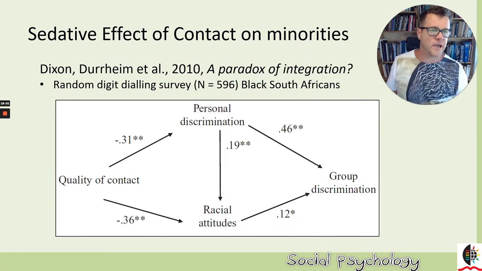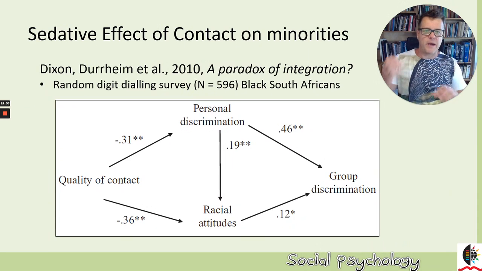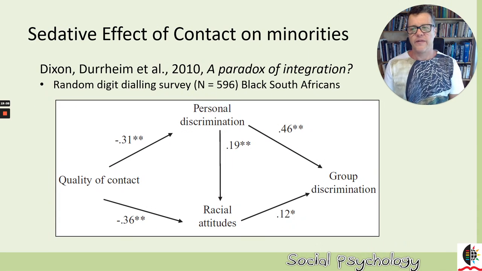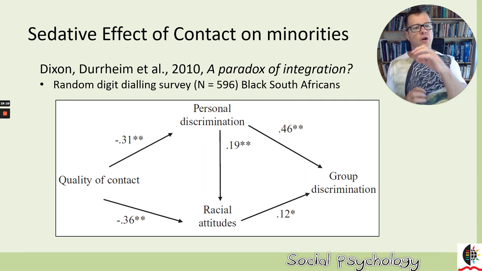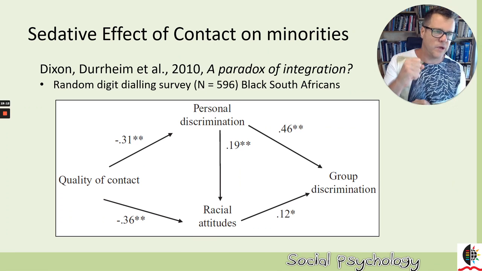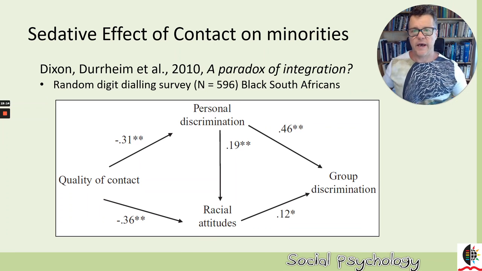And this over here is a second point about asymmetries of contact: contact for historically minority groups has different effects from contact for historically majority groups. It's especially associated with social change. So contact can promote social change amongst white people.